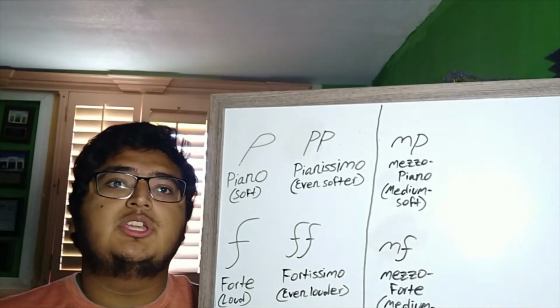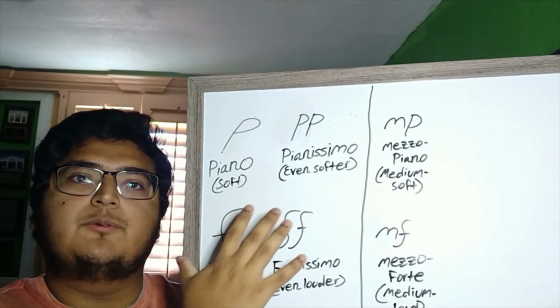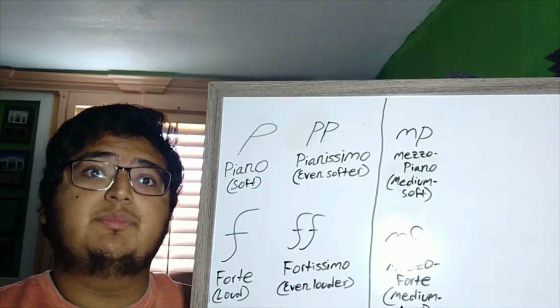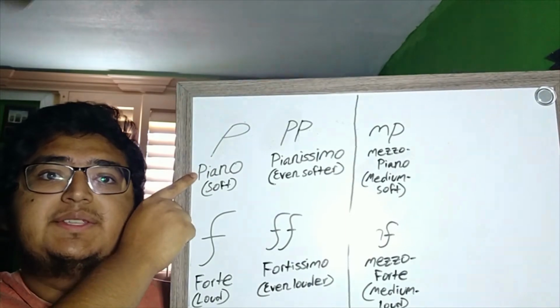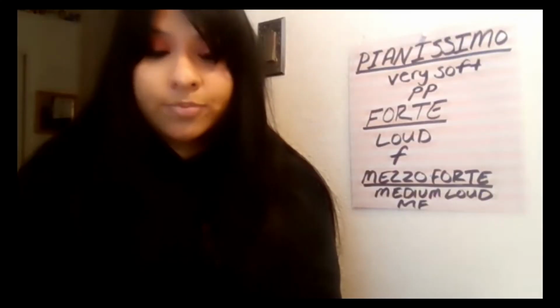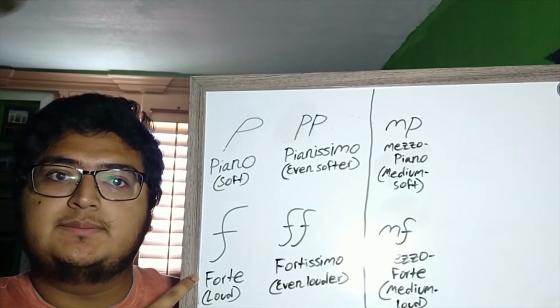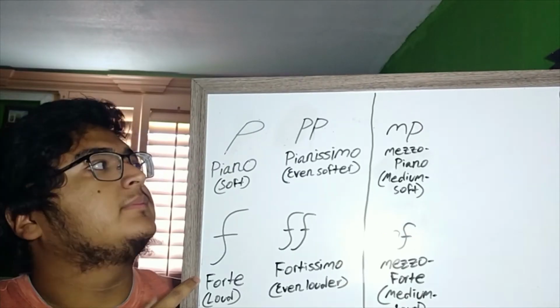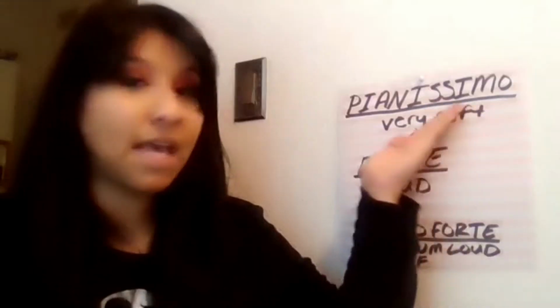We're going to go through each dynamic symbol. I'm going to say the word, and Shelby will be repeating them. So let's start with P is piano, piano. F is forte, forte. Double P is pianissimo, pianissimo.